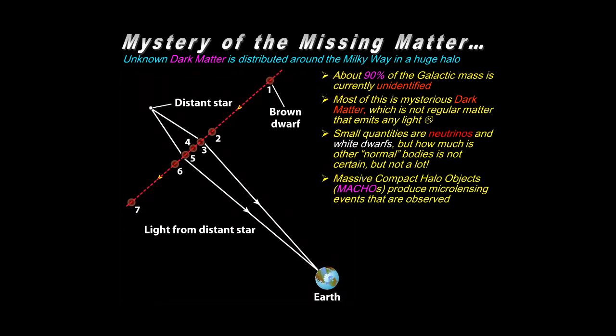For instance, a brown dwarf coming along here can get in front of a distant star and actually gravitationally bend the light because of the warping of space and cause an enhanced light to be focused on the telescopes on Earth. Well, this type of event has been studied and discovered. These are known as massive compact halo objects, or MACHOs, and it accounts for some of this missing mass, but again, not very much. So we're still left with a big mystery pertaining to this reality of the dark matter.